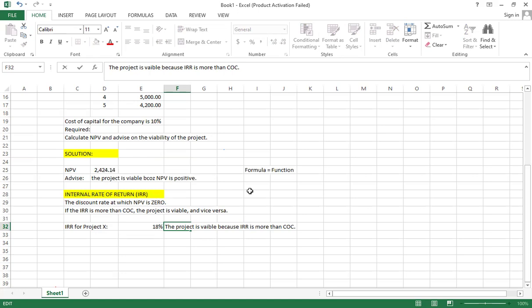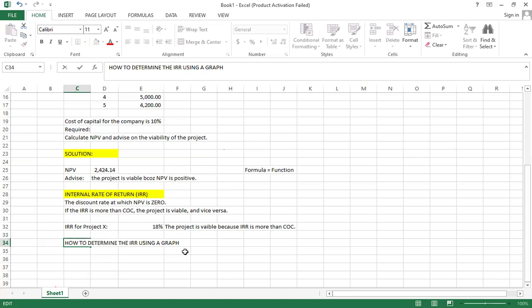Now, I want to look at something very interesting still about this internal rate of return, because sometimes exams can be set in a manner that you'll be told to determine, let me title it as how to determine the internal rate of return using a graph.